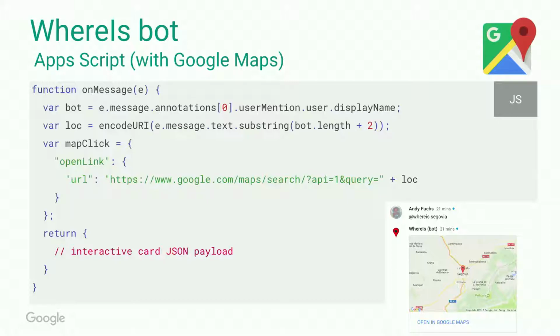And then the Maps API will not only send me an image, which I render inside the interactive card, but also I want to create a button that they can actually open this location in Google Maps to get the full-blown experience on mobile or on the web. But at least you just take a look-see from the chat room. Okay? So that's another example of what you can do with a bot.